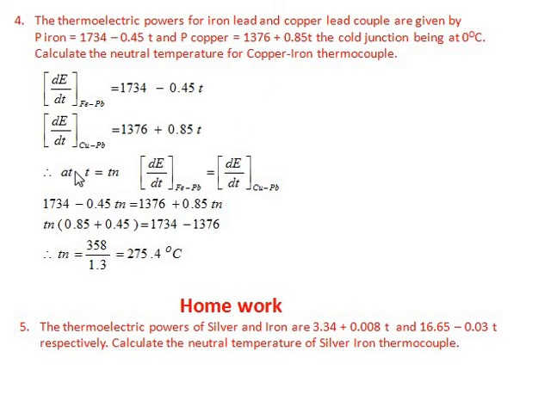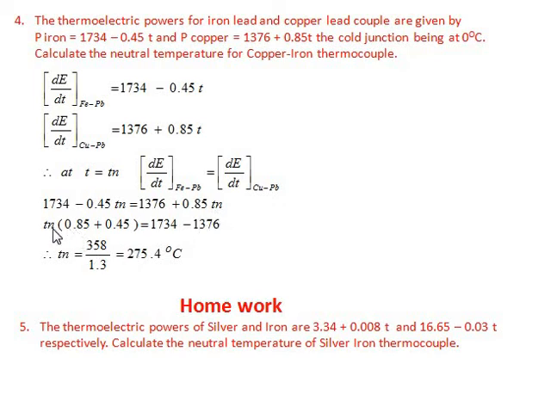So therefore dE by dT at FePb is equal to dE by dT at CuPb. Just substitute these two equations and solve for Tn. 1734 minus 0.45 Tn is equal to 1376 plus 0.85 Tn.